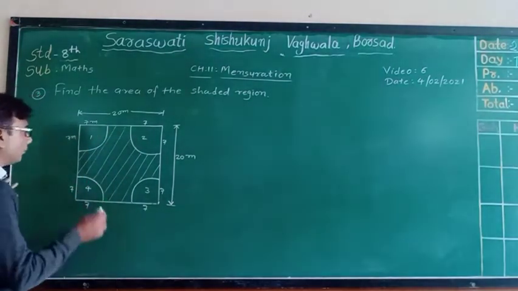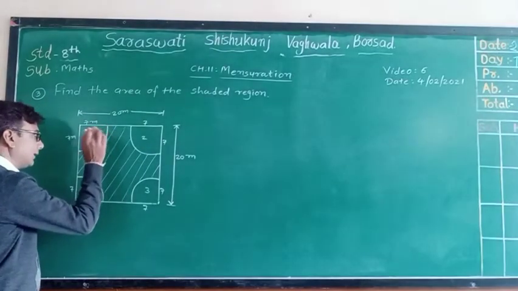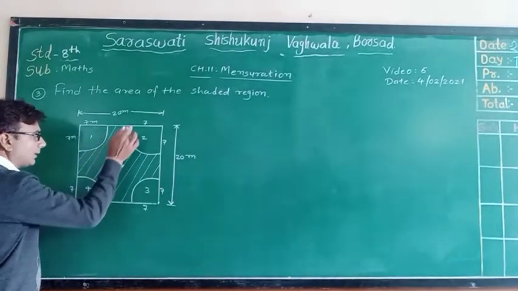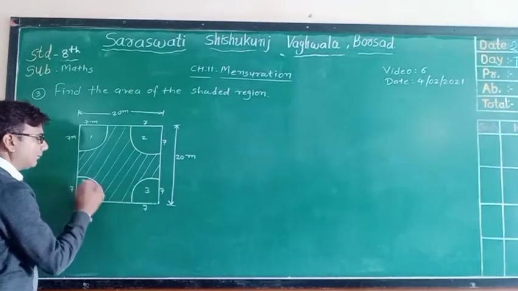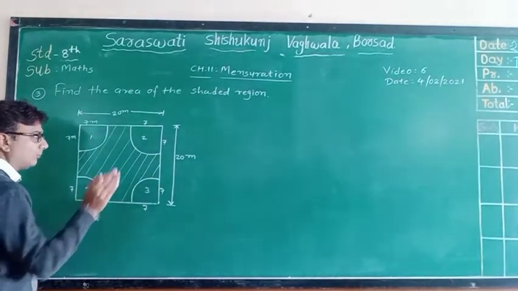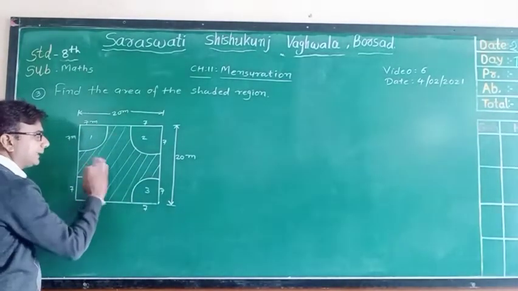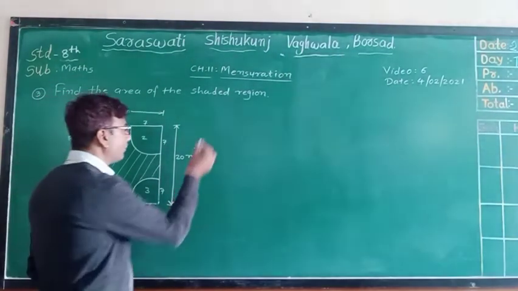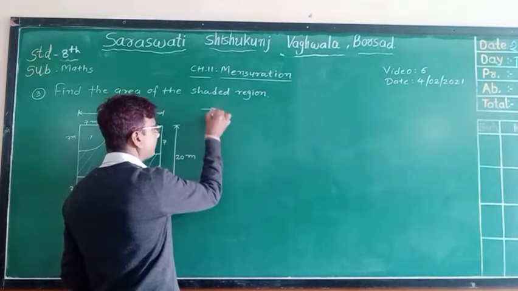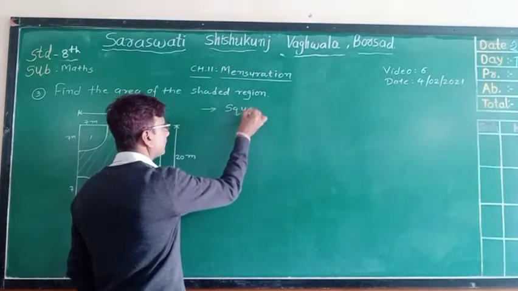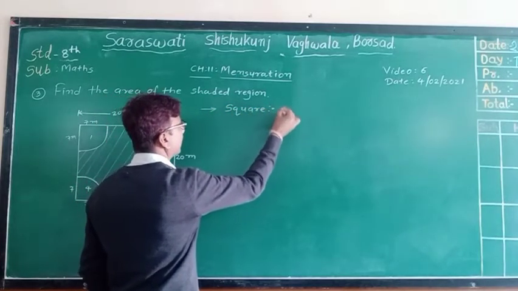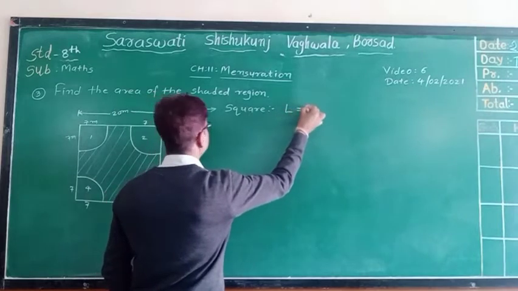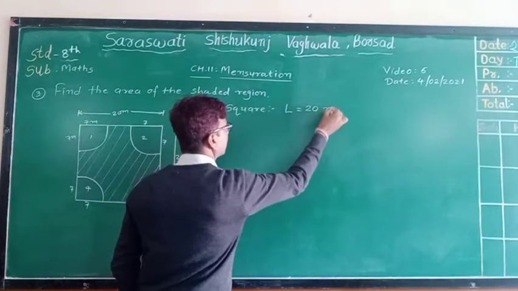Then we will remove the first, second, third, and fourth quadrant parts from the total area, so we can get this shaded region area. Is it clear? So first we will discuss the square. Length given is 20 meters.